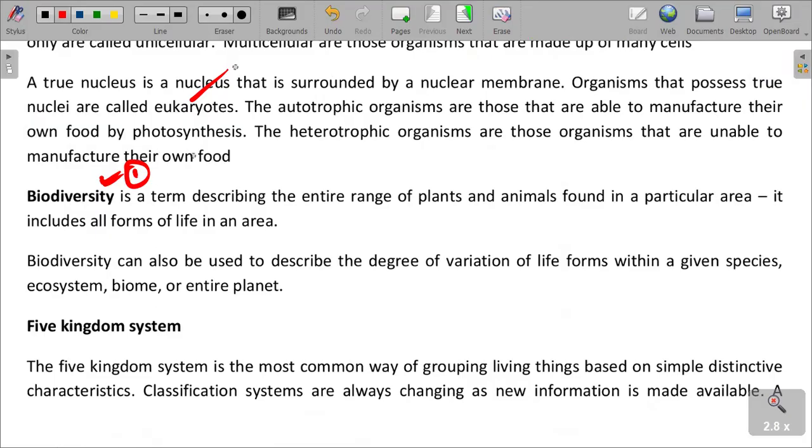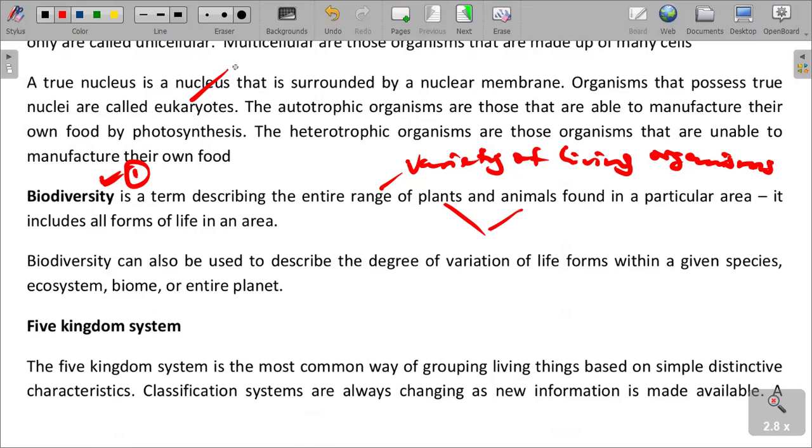It describes the entire range of plants and animals, the variety of living organisms. Obviously, when we say they are living, we are looking at both plants and animals. In their variety of nature, we define that as biodiversity.